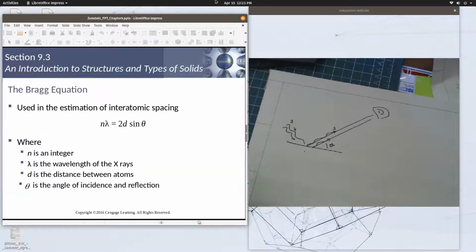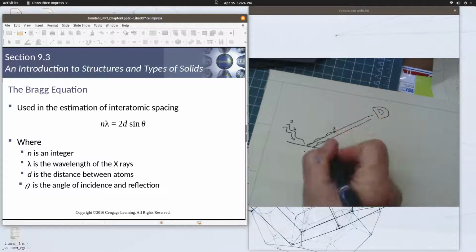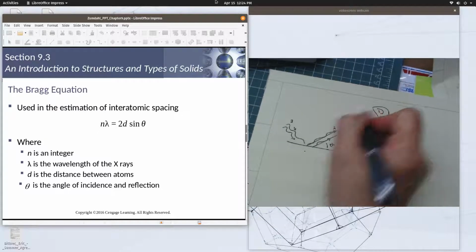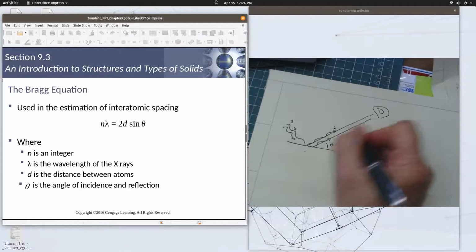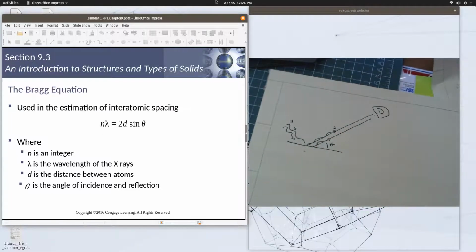And so I can count up the number of wavelengths that are in each one of these little slices, and look at the difference in wavelength between this photon and that photon arriving at the same point on my detector.